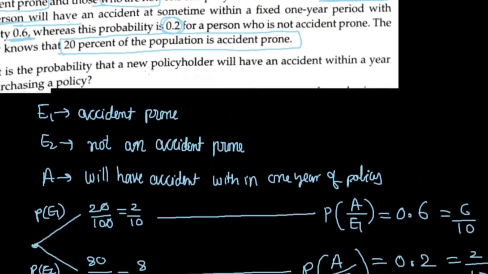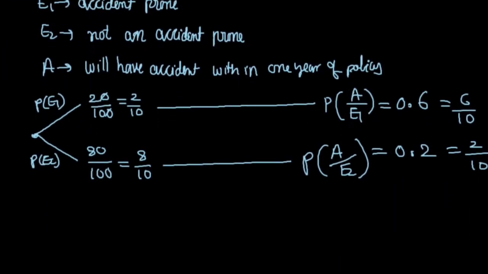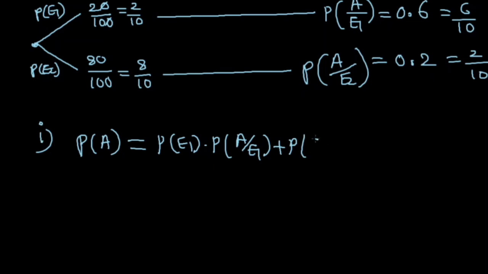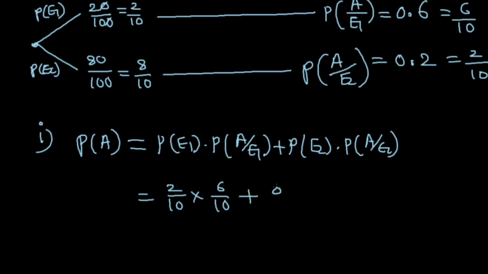What is asked? The probability that a new policy holder will have an accident within a year of purchasing the policy, so he is asking P of A. According to the total probability theorem, P of A is P of E1 into P of A by E1 plus P of E2 into P of A by E2. So 2 by 10 into 6 by 10 plus 8 by 10 into 2 by 10.